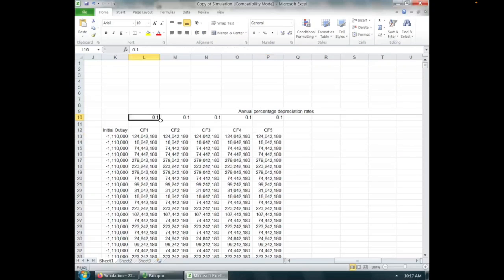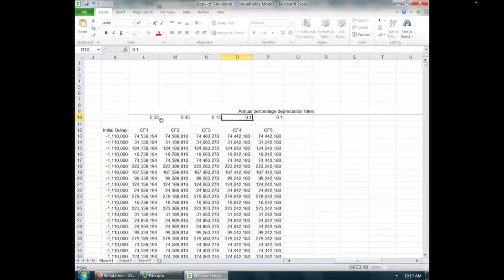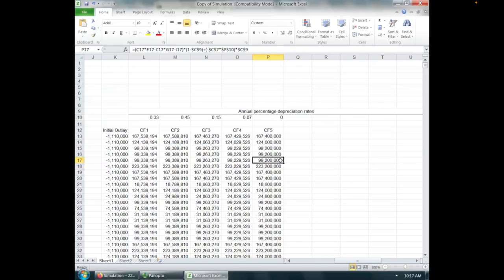Here you can adjust the annual depreciation percentages. In the first year, in this case, we have 33%, 45% in the second year, 15% in the third year, 7% in the fourth year, and of course after that, depreciation is going to be 0.